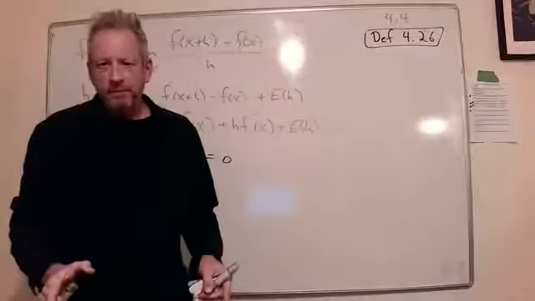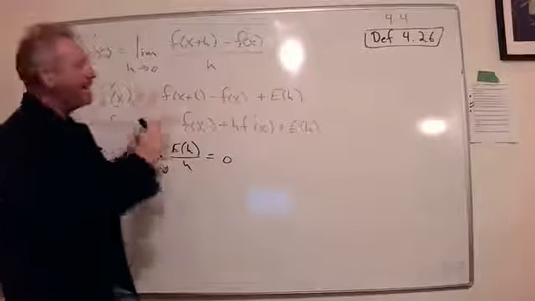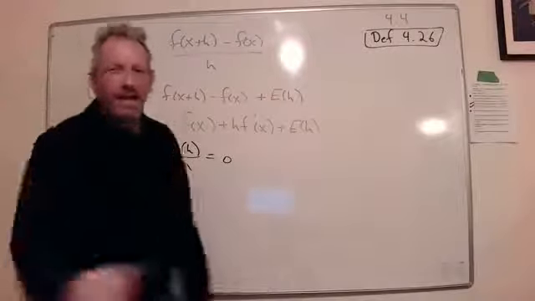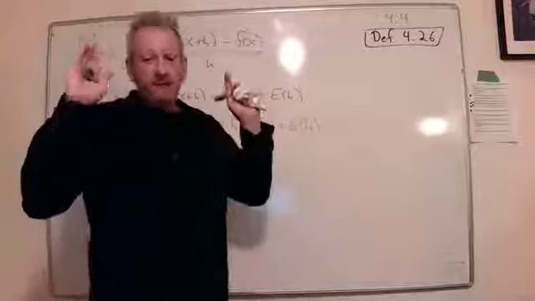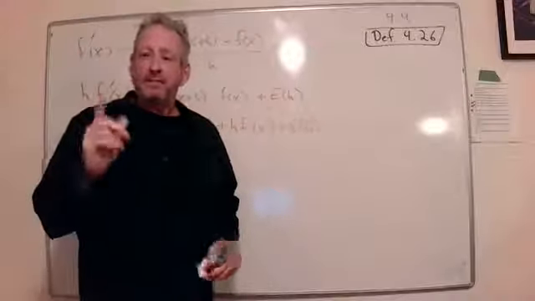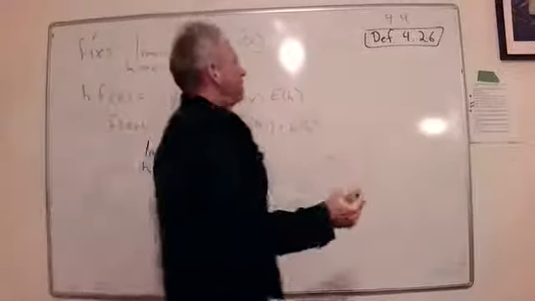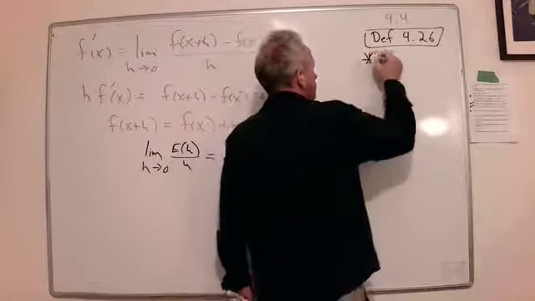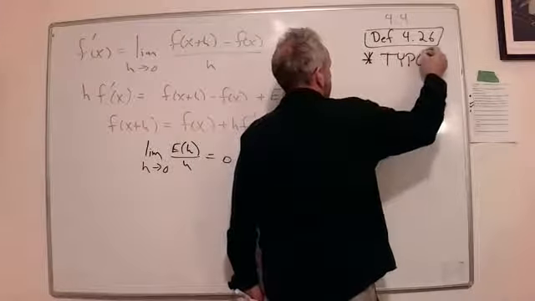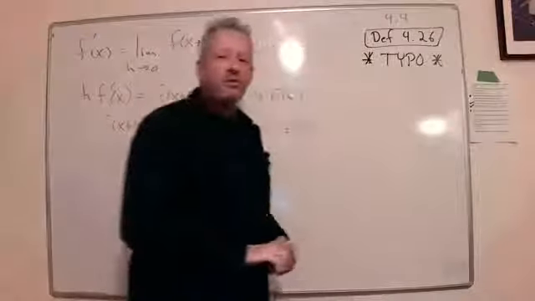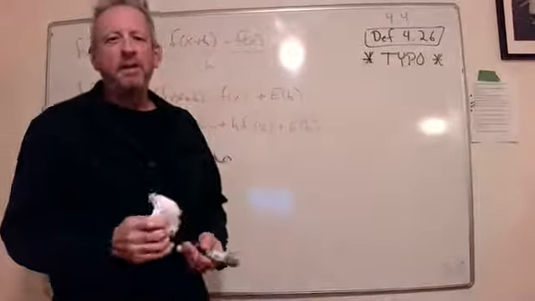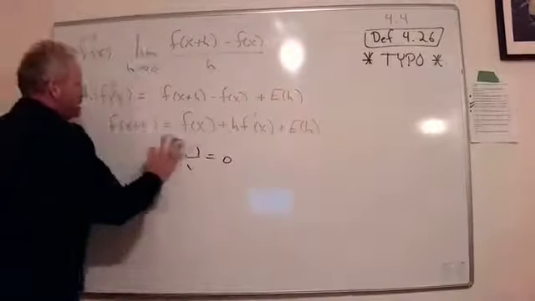This definition is exactly analogous to this. And there is, I think, a fairly significant typo in the textbook. So, warning. Whatever, it's just a typo, so in a way it's not a particularly big deal, but it could be pretty darn confusing.